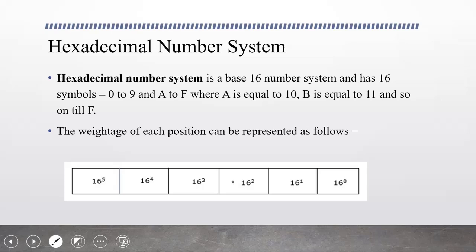And the hexadecimal number system. Hexa means 6 and decimal means 10, so it is a combination of 6 and 10.